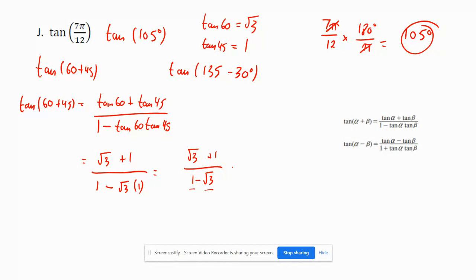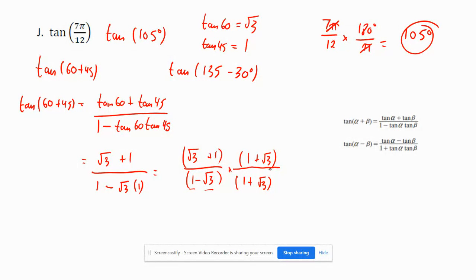So we learned a process in Math 20, and it was called multiply by the conjugate. Okay, now the conjugate is, if this is 1 minus root 3, the conjugate is 1 plus root 3. So we want to multiply the top and the bottom by 1 plus root 3.